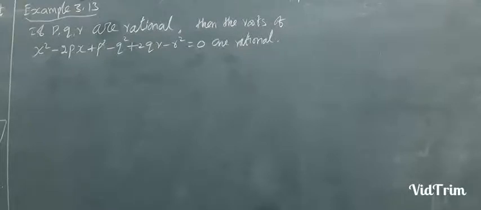They are giving some explanation at the beginning of the page, and you just go through examples 3.11 and 3.12. I select 3.13: show that if b, q, r are rational, the roots of x square minus 2bx plus b square minus q square plus 2qr minus r square equal to 0 are rational. You just have to write that the roots are rational numbers.